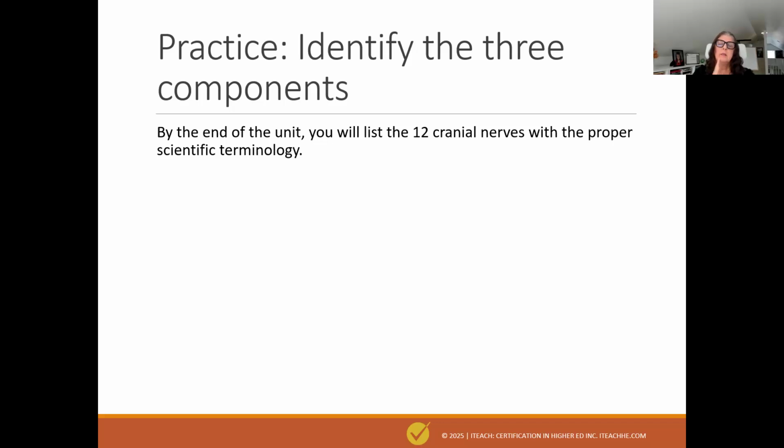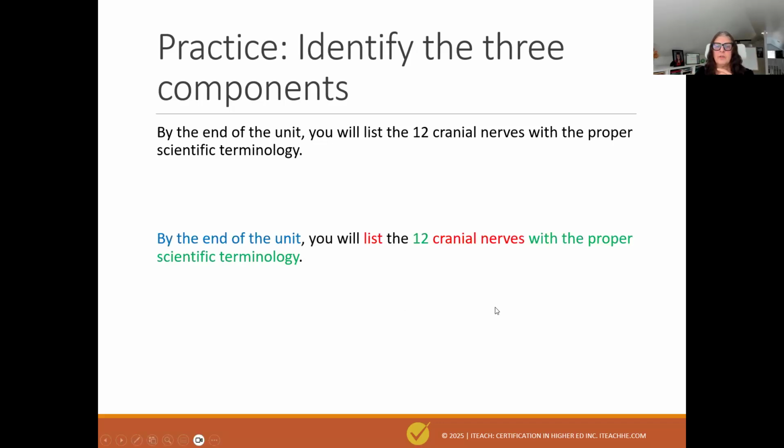So what's the activity, the learning activity, the performance that students will be doing? So the learning activity is a list. Jennifer put just list, but it is list the cranial nerves. Okay. And then that leaves our criteria as there has to be the 12, right?